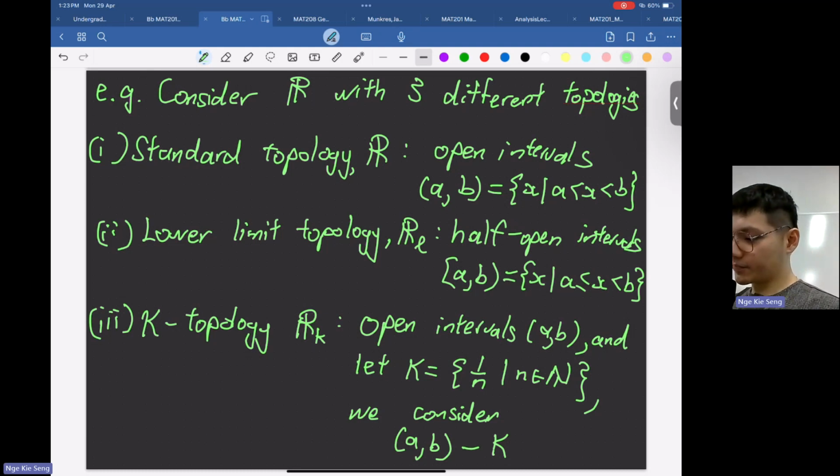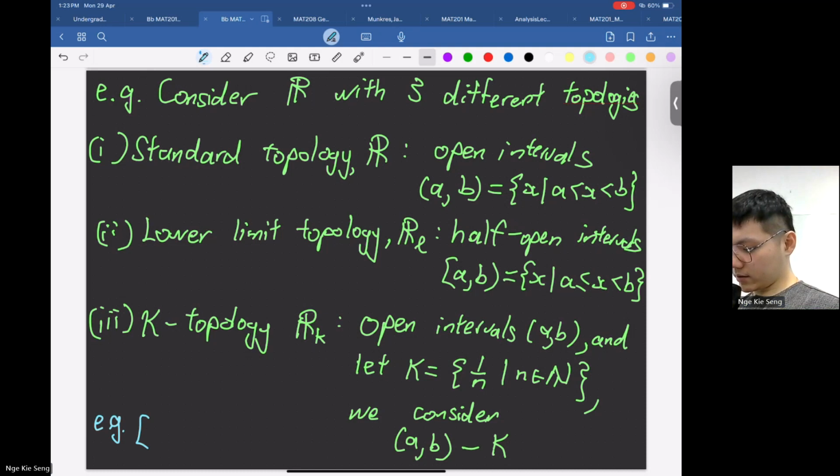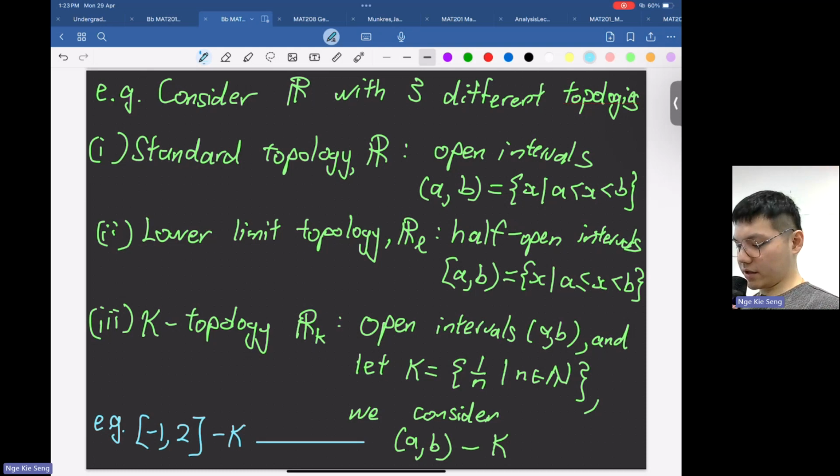So for example, (-1, 2) minus K. Do you know how this looks? You have an interval from -1 to 2. You take away all the 1 over n. So you are making holes.